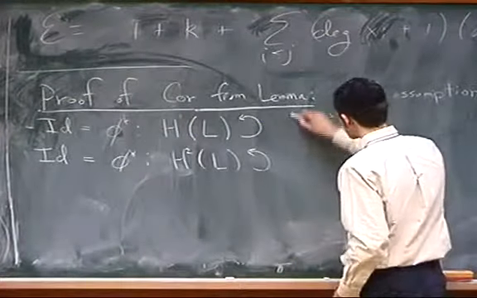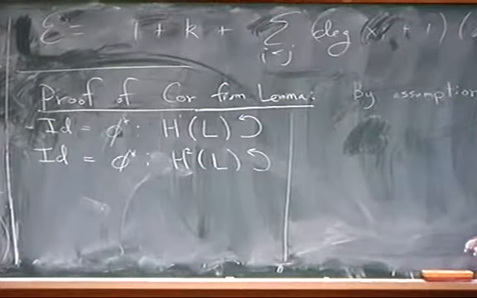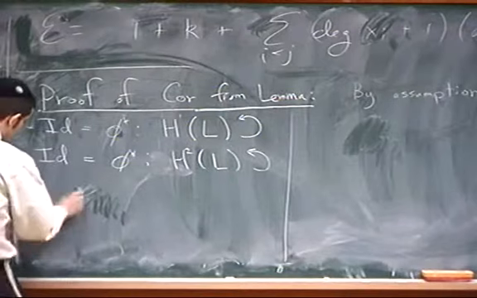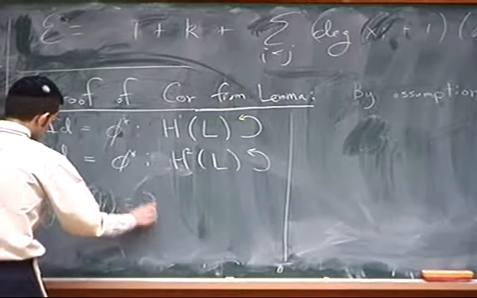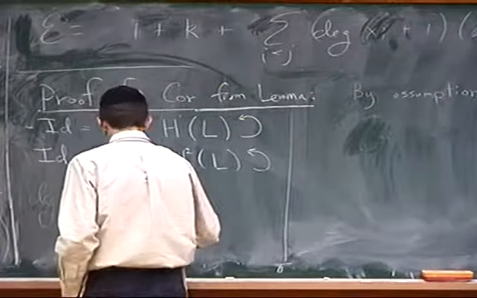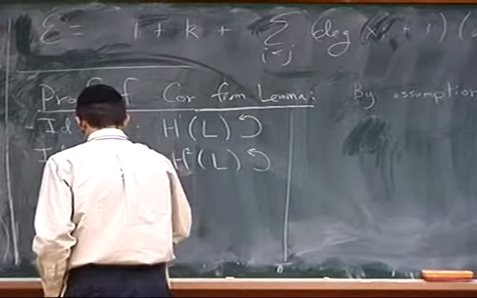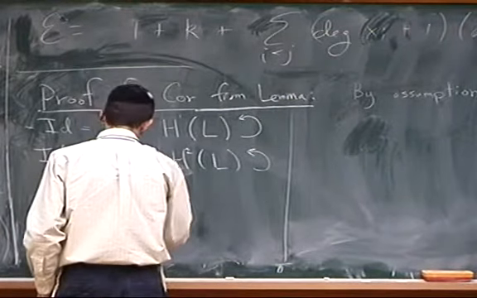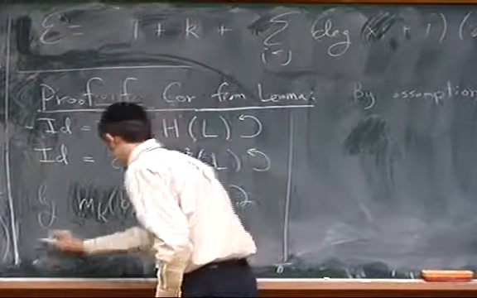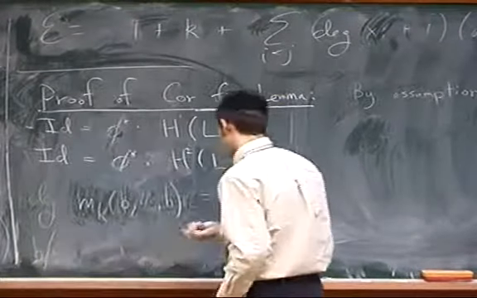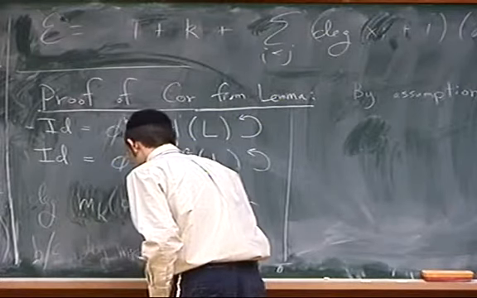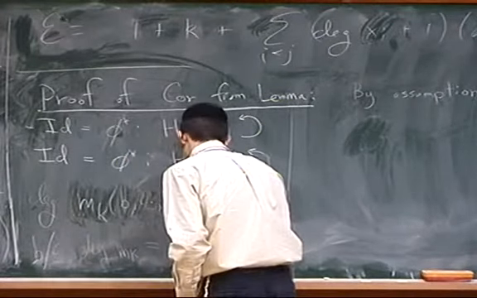Now, just note that the degree of b is 1, and the degree of mk, by definition, is 2 minus k, so the degree of mk of b is 2.